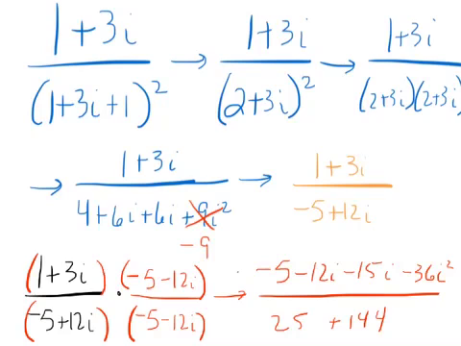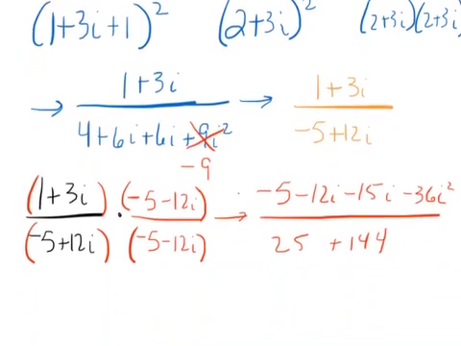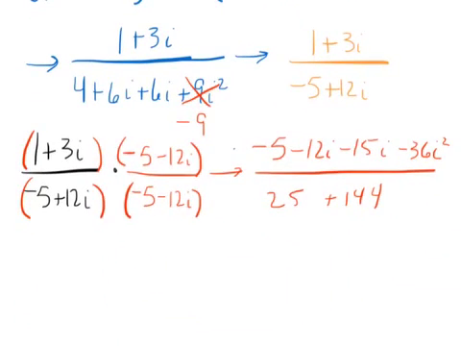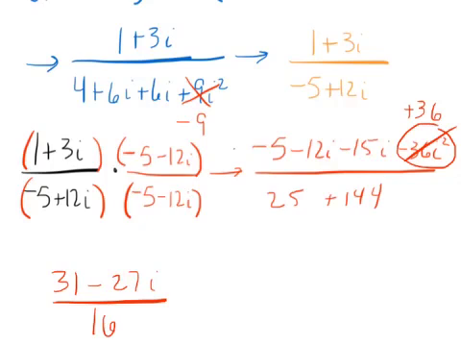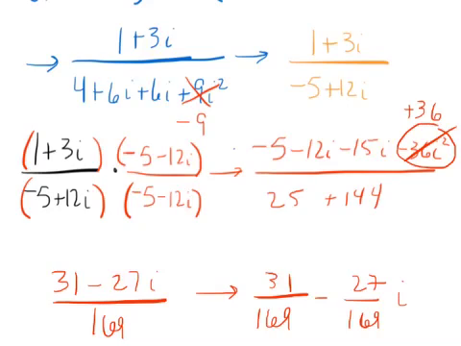The middle terms cancel. Numerator, cross this off, make that a positive 36. 36 minus 5 is 31 minus 27i all over 169. Or 31 over 169 minus 27 over 169i.